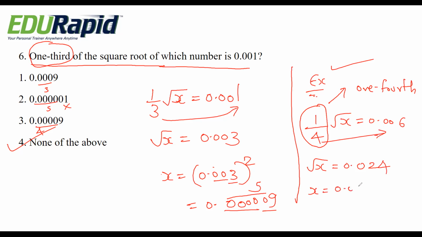So it becomes 0.024 square. So what is the square root of 24? 576. This 10 becomes 20 here, and 24 squared is 576. So please note down this example problem also. Sometimes they may ask this type of question.